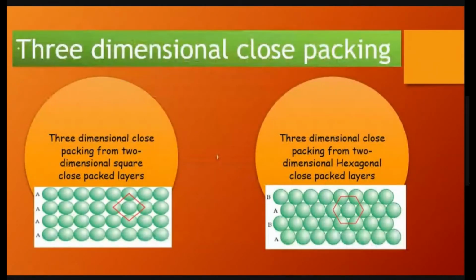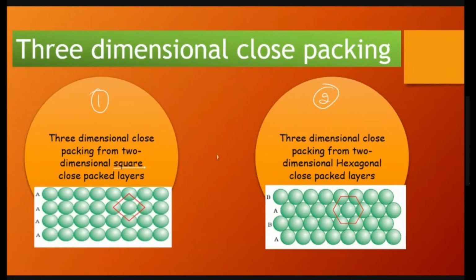Next, the third stage, that is three-dimensional close packing in solids. This is a lengthy process, so we'll go step by step and try to understand. There are 2 ways of getting the three-dimensional close packing. One is three-dimensional close packing from two-dimensional square close packed layers.